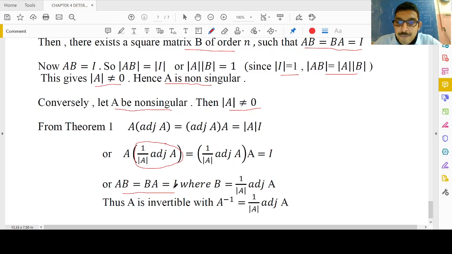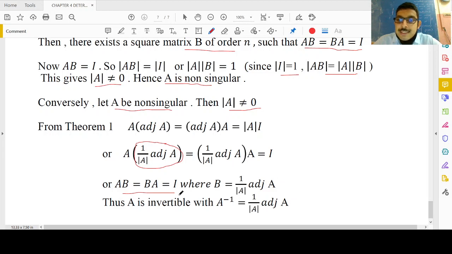So now using the definition of inverse of a matrix, we can say that A is invertible because AB equal to BA equal to identity. Since determinant of A not equal to 0, 1 by determinant of A into adjoint of A is well defined.